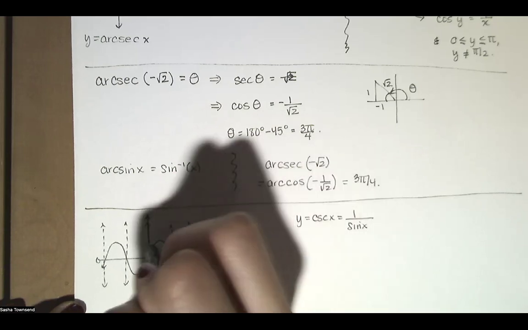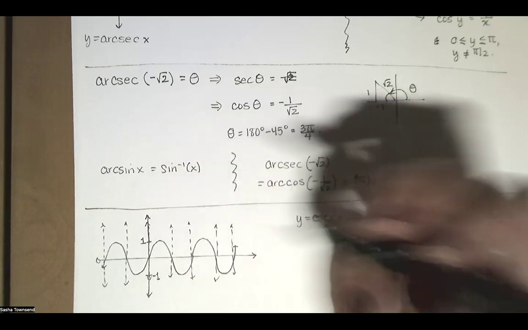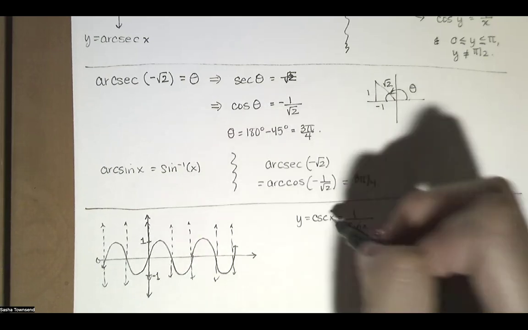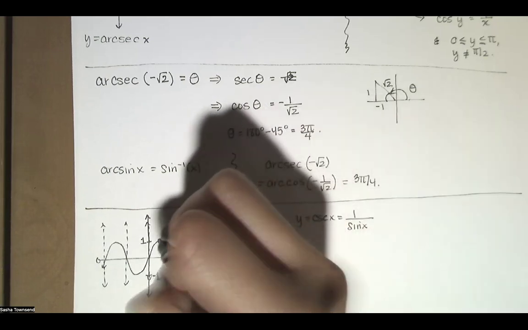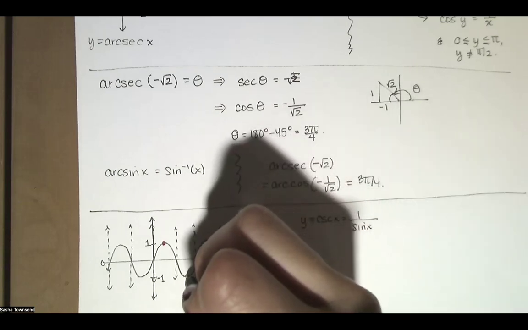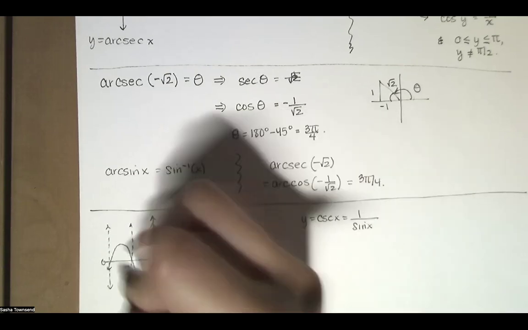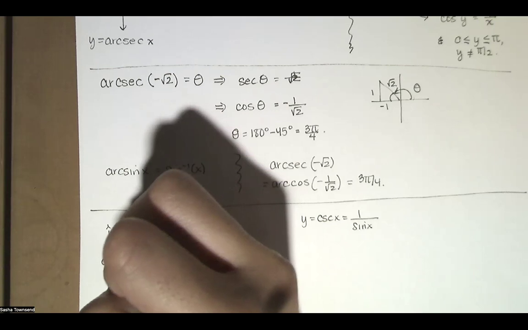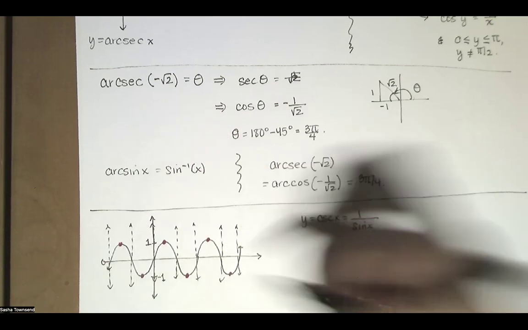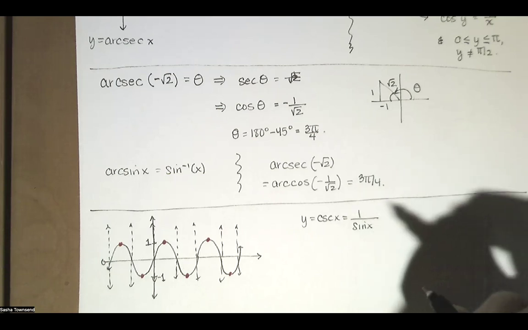Sine has a minimum of -1 and a maximum of 1. And very similar to the secant graph, when sine is 1, cosecant is 1, because 1 divided by 1 is 1. When sine is -1, cosecant is -1 because 1 divided by -1 is -1. So we had these little points, the locations of the minimum and maximum values of sine of x, and they are on the graph of cosecant of x.